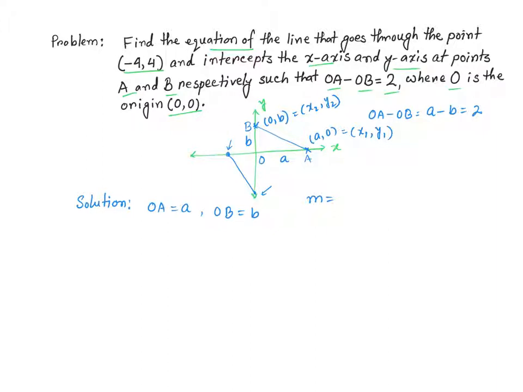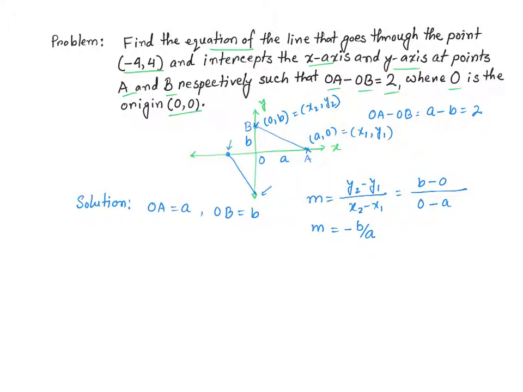Remember the formula for slope, y2 minus y1 divided by x2 minus x1. If I plug it in, y2 is b minus y1 is 0, divided by x2, which is 0, minus x1, which is a. So basically the slope becomes m is equal to negative b over a.